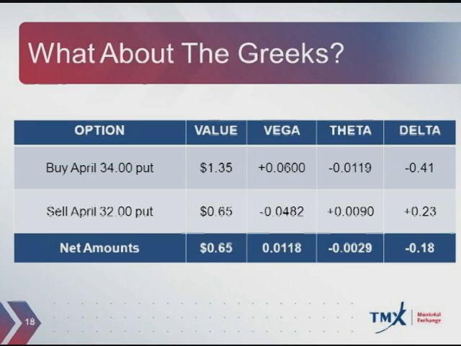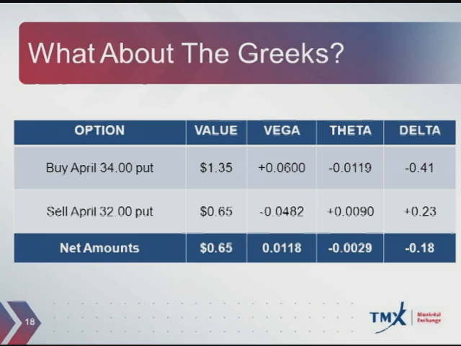Whether implied volatility expands or contracts, we actually are indifferent to that. We also, again, create a little bit of a time hedge. So we offset the impact of theta so that on a day-to-day basis we're not suffering the full depreciation in time value that the long put holder would be having to manage for.